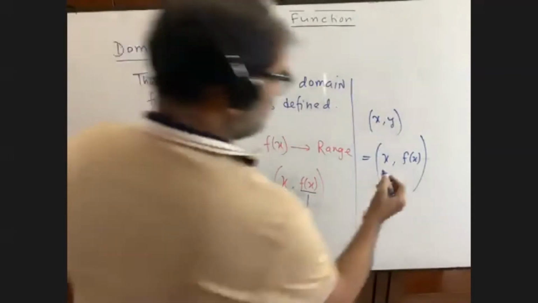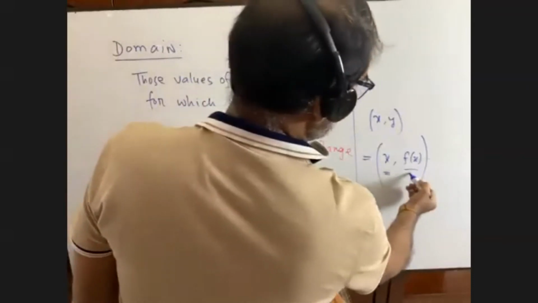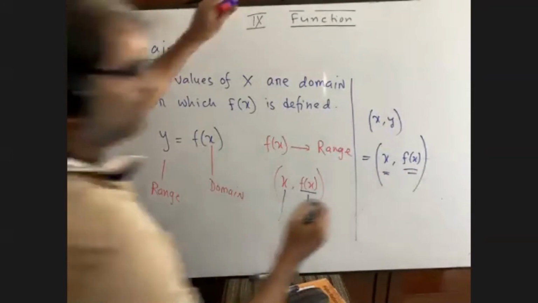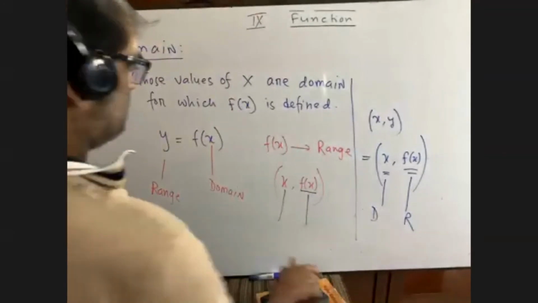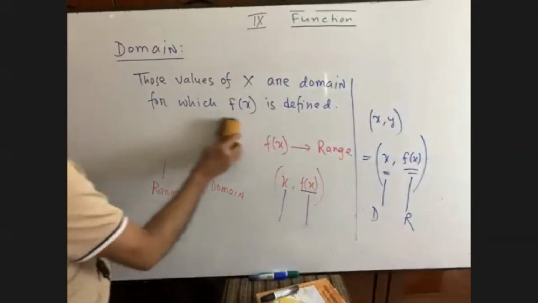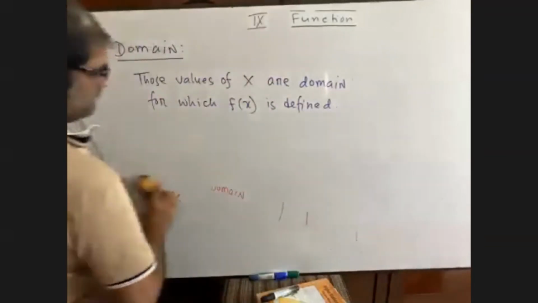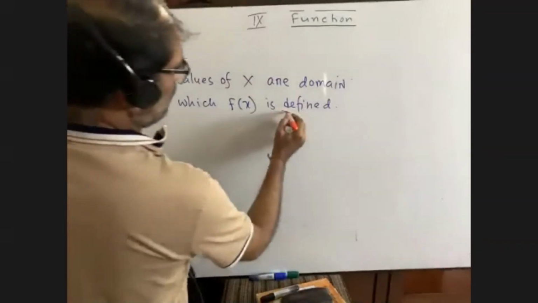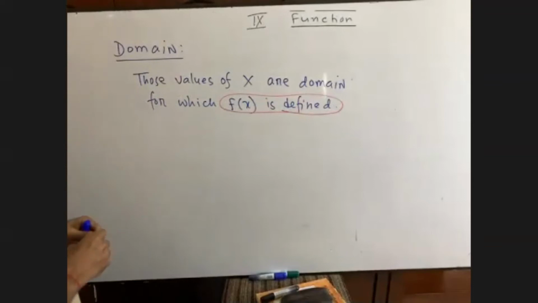So we are getting x as domain and y as range. So y is f(x), so f(x) is range. This is domain and this is range. But I have written here something else. Please give emphasis to where f(x) is defined. What is meant by this?